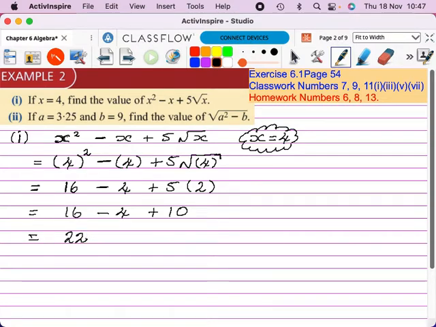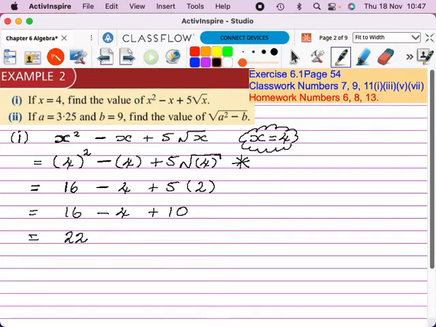Now, bearing in mind that we are allowed to use calculators in the test, what I would encourage you to do now is to get your calculators out and go back to the line that I have just asterisked and type that line into your calculator exactly as it's written.